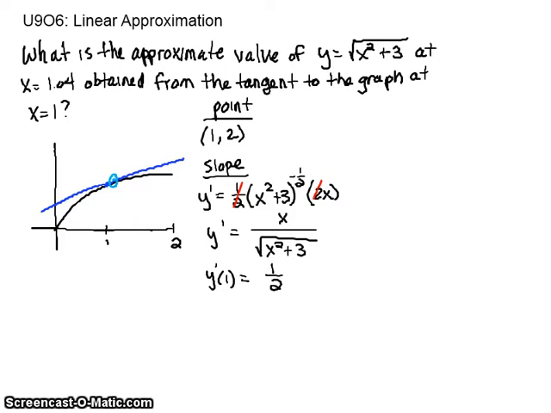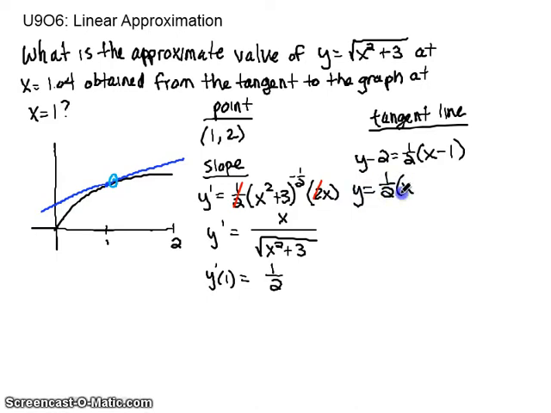So our tangent line is going to be y minus 2 equals 1/2 (x minus 1). So if we need to approximate the y value, let's go ahead and move that 2 to the other side. So we'll say 1/2 (x minus 1) plus 2.